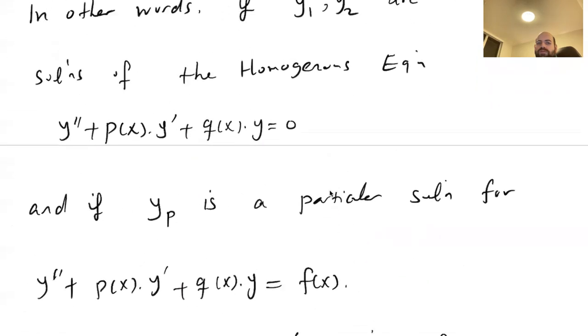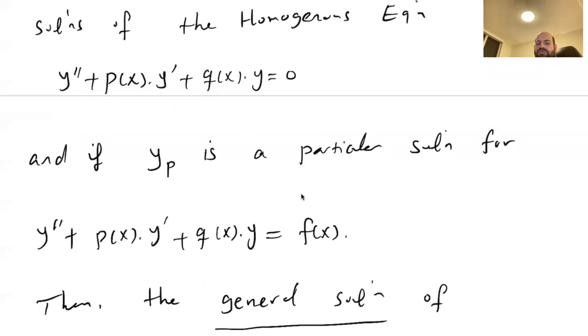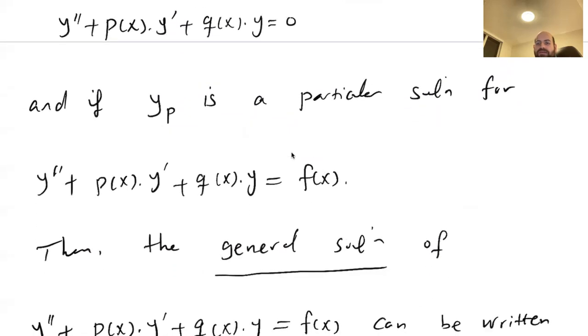So if I want to summarize: if you have a homogeneous equation, to find the general solution, just find y1, y2, the linearly independent solutions. The general solution will be c1 y1 plus c2 y2. If you have a non-homogeneous equation, you still need y1 and y2. In addition to that, you need one particular solution, which we will explain later how to find.